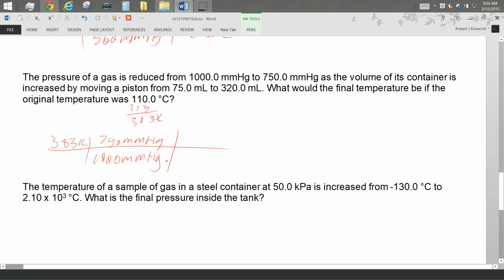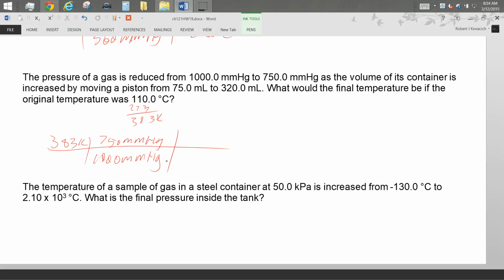And then I also have the volume of the container is increased. So what's the relationship between volume and temperature? If it increases, it decreases. Also direct. So I have an increase in volume here, so that would be an increase for the temperature.